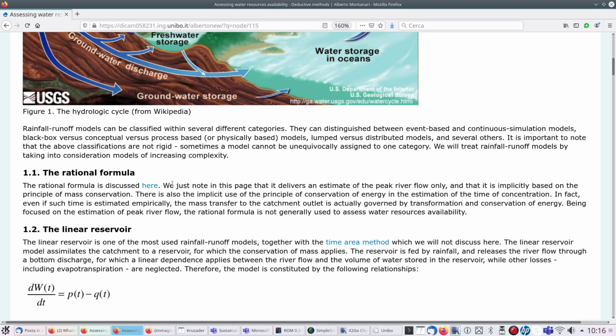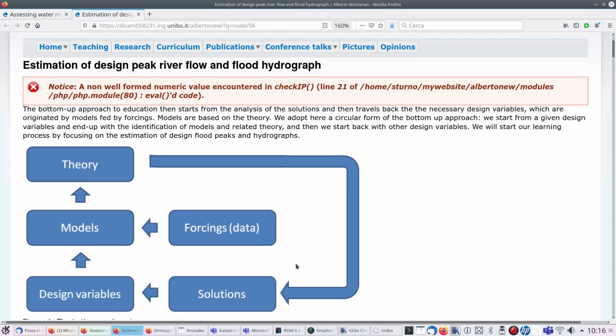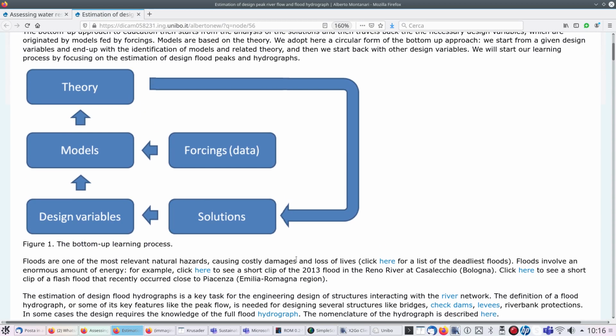And there is a link here, which I am highlighting, so you can see easily where it is. Let me click on it and wait to see the resulting web page.